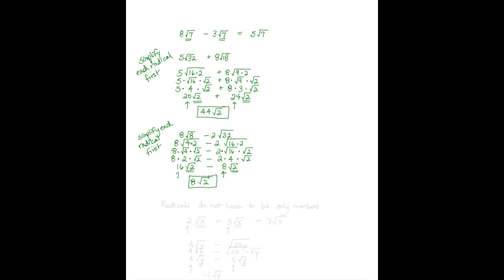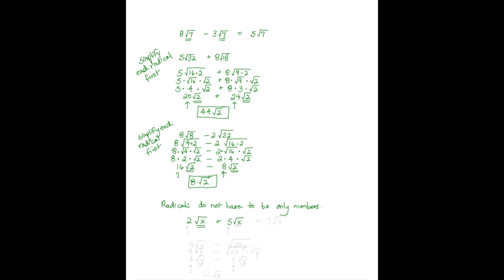Radicals don't have to only be numbers. For example, we can have 2 square root of x plus 5 square root of x.